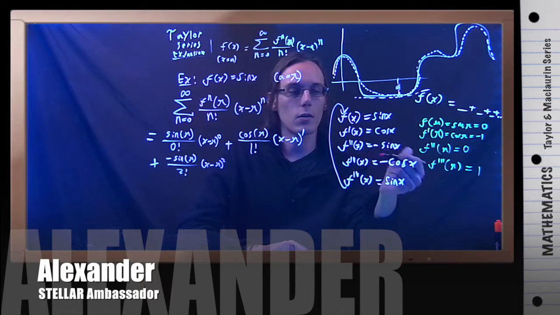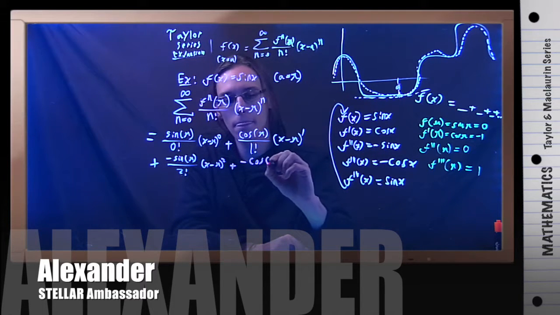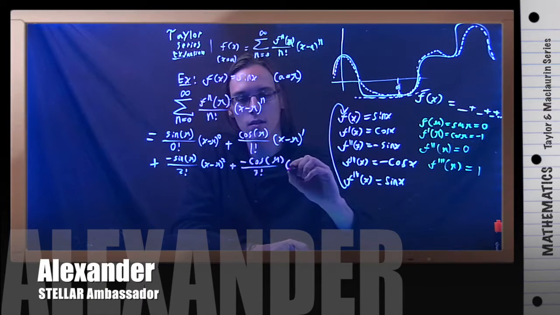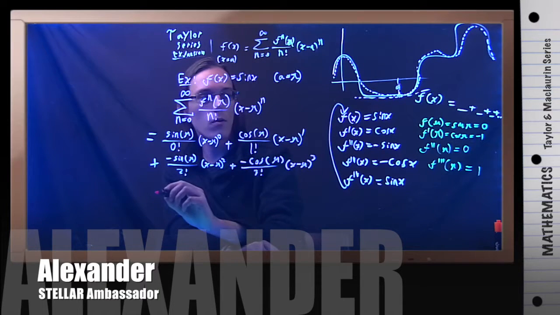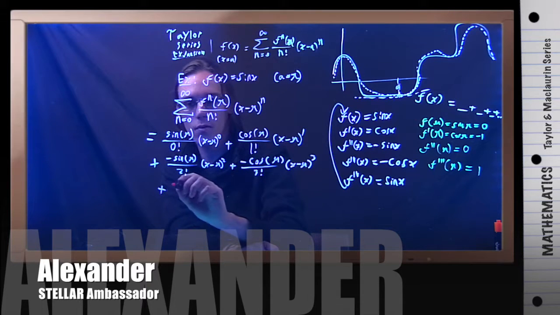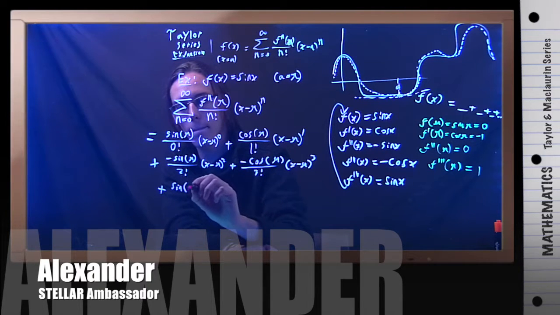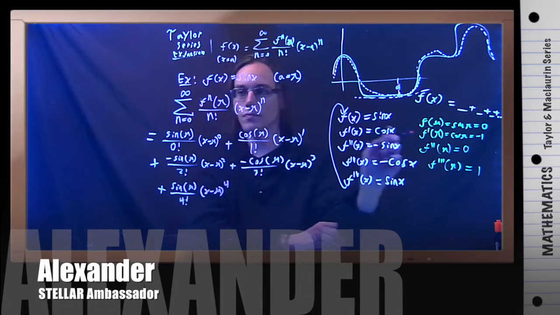Now I'm up to n equals 3, so plus a negative cosine of pi over 3 factorial, x minus pi cubed. And of course, we can keep going with this. I'll go out one more term since we have it. So if n equals 4, we're going to have plus sine of pi again over 4 factorial, x minus pi to the 4th.